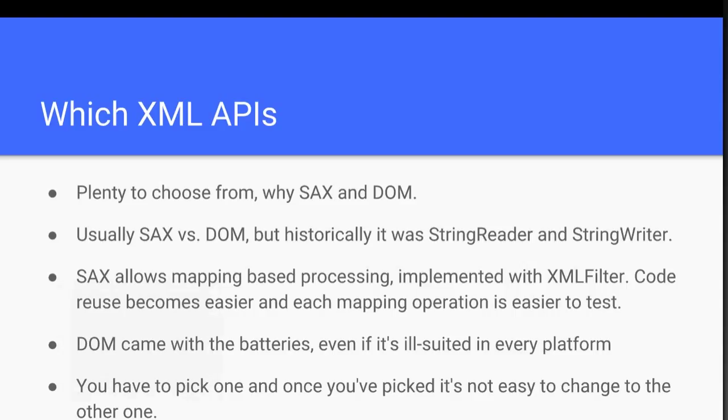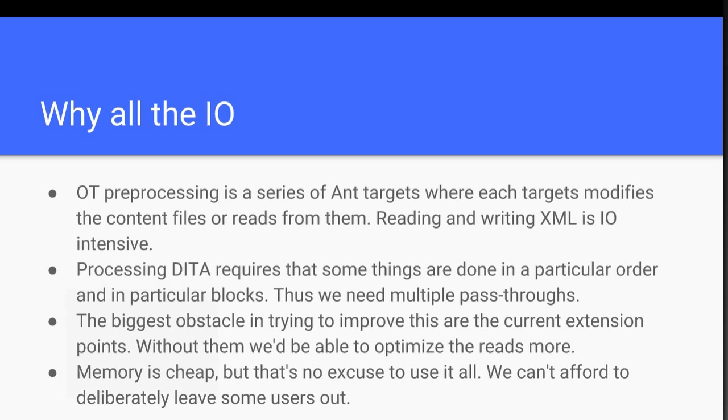So we're using SAX and DOM because those were available when OT got started, and those are used for their characteristics, where SAX is a streaming API for XML, meaning you get events like start tag, some text, end tag, and once you've received those events, they're thrown away.